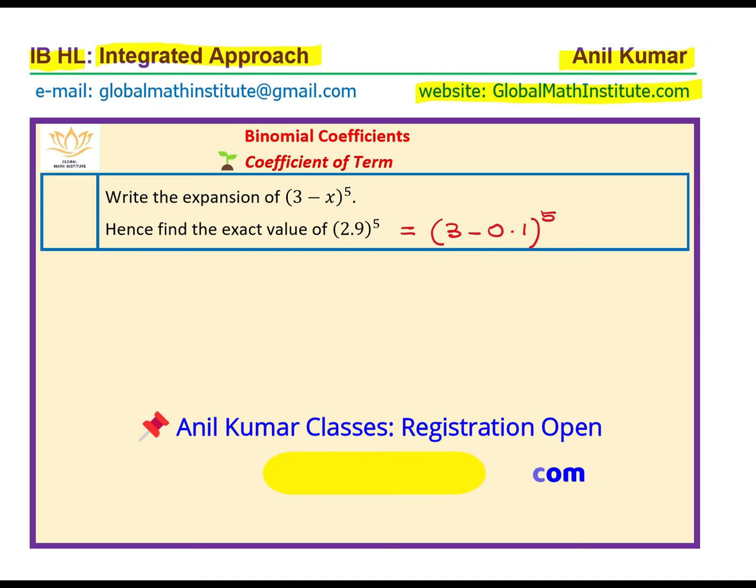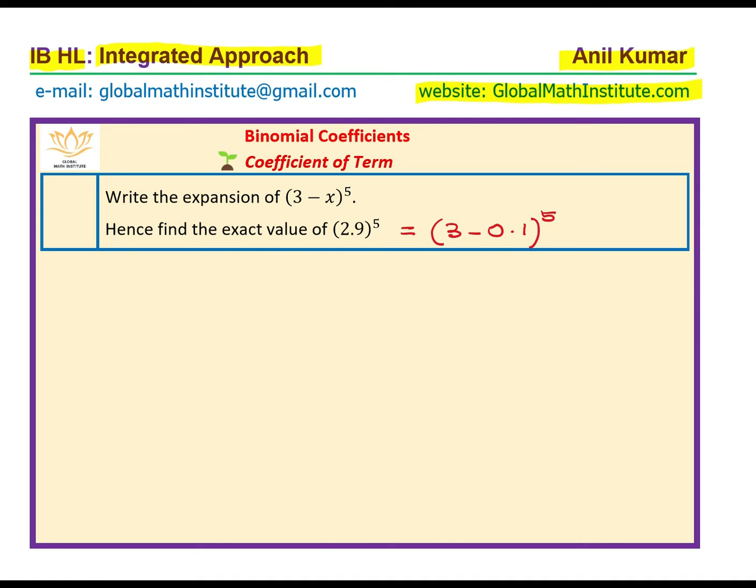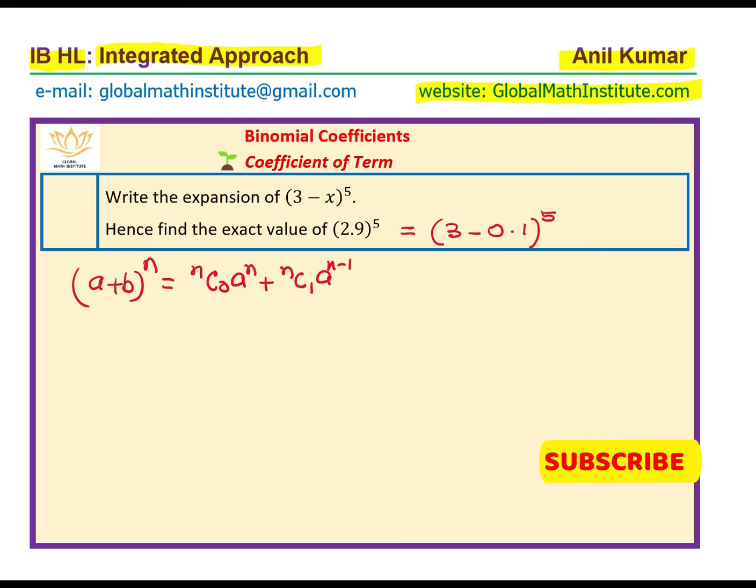Perfect. How do we do that? Binomial expansion. Simple as that. So, if (a plus b) to the power of n is what we're looking at, then we write nC0 a to the power of n, plus nC1 a to the power of n minus 1 times b, plus nC2, and so on.